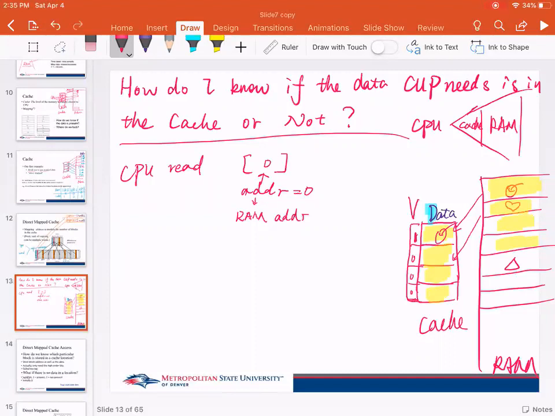The CPU might not necessarily know if that's an apple or not, but it does know the address of the apple, right? So we actually have to store not only the content, but also the address of each piece of data we put in the cache memory. So unfortunately, we have to do that.